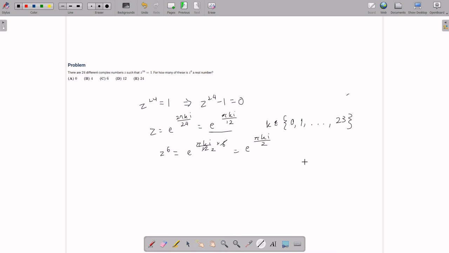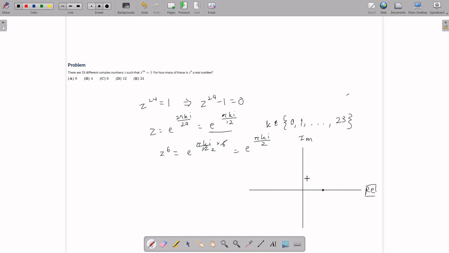Alright, so if we draw our complex plane here, where these are the imaginaries, of course, and these are the real numbers, we want to think about what this would look like. Because we want z to the 6th to be a real number, we want it to lie somewhere on this real axis. So if we plug in 0, we find that it lies there.